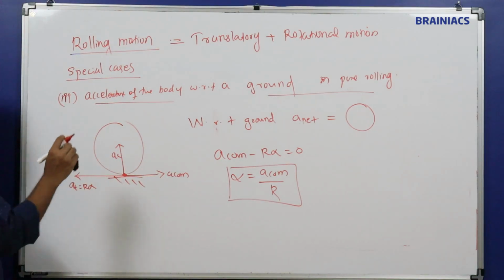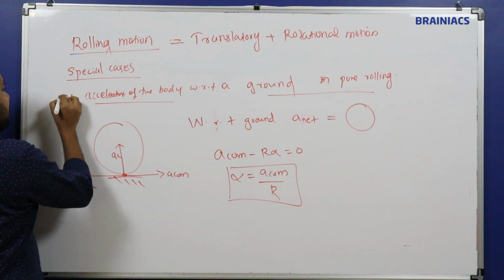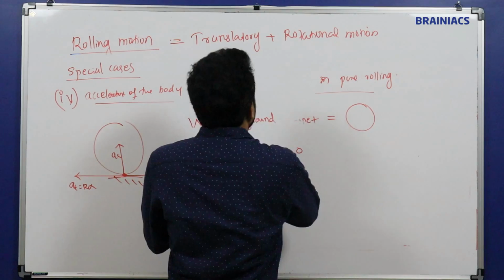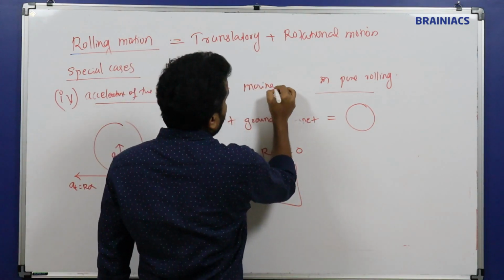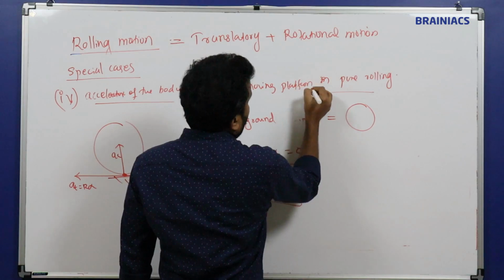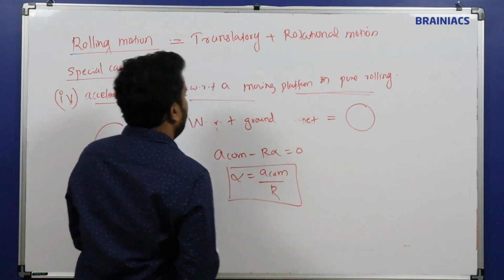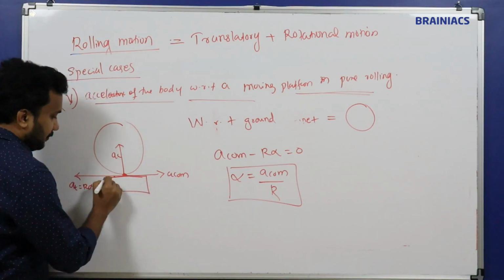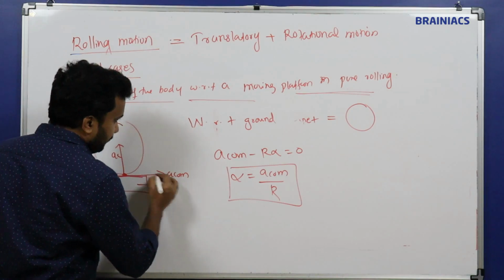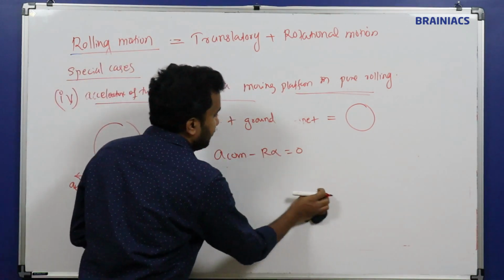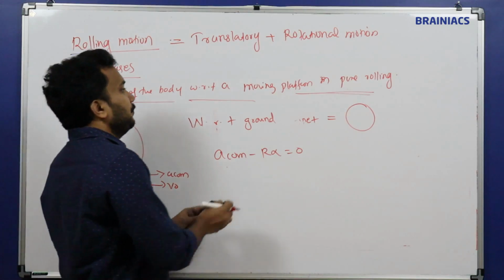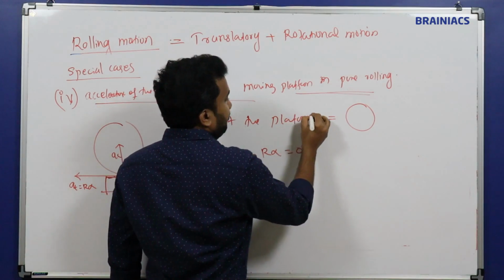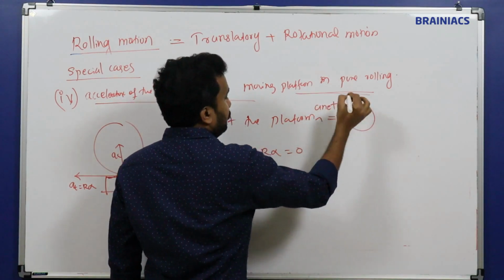We'll go to the fourth case. I am altering the heading, but you have to write a new heading: acceleration of the body with respect to a moving platform in a pure rolling motion. Now the same thing, but what we have extra is a box with a velocity called V0. In this case the formula changes: with respect to the platform, the net should be equal to 0.